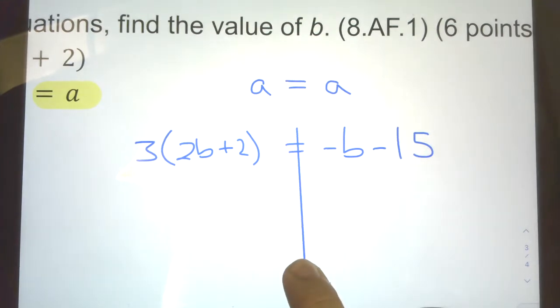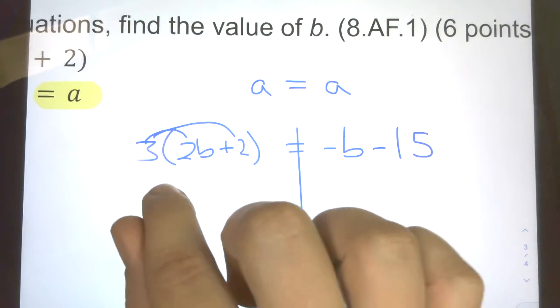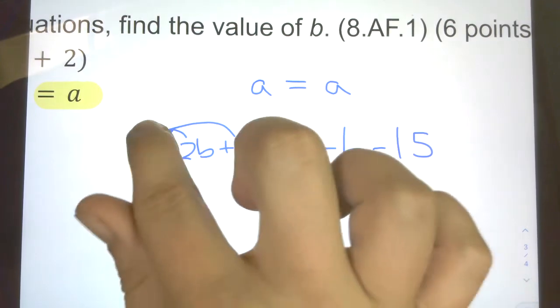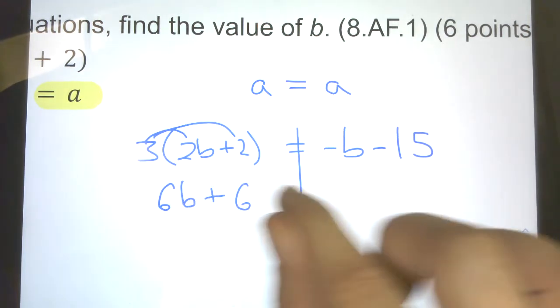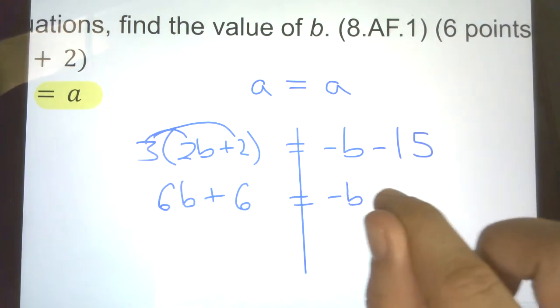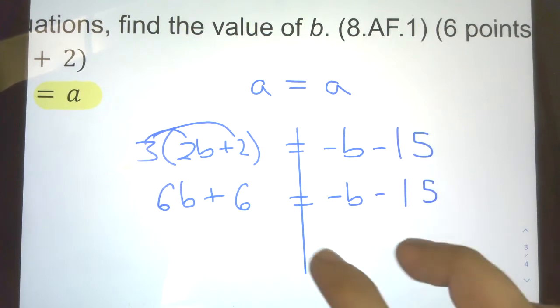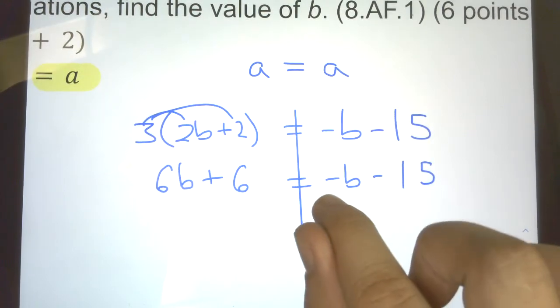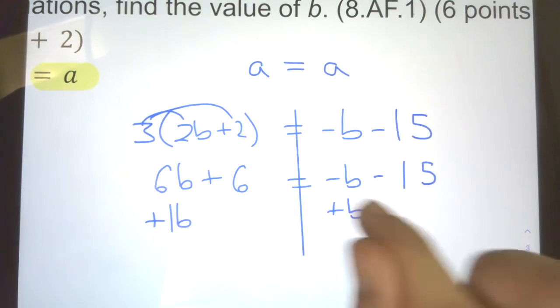Okay, just solve it like a regular equation. Start with distribution. 3 times 2b is 6b. 3 times 2 is 6. Leave opposite of b, or negative b, minus 15. There's no like terms, so we'll go ahead and try to get our b's on the same side. So I'm going to add b, or 1b.